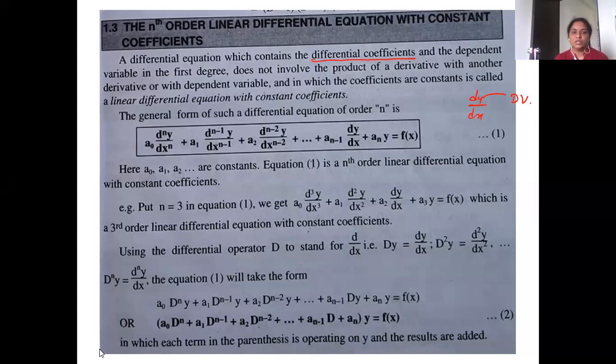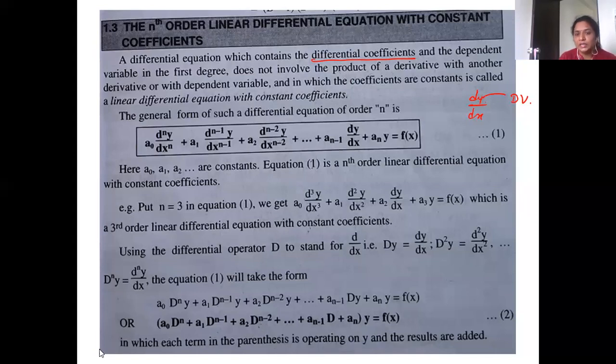A differential equation which contains derivatives, differential coefficients, and the dependent variable in the first degree, does not involve the product of a derivative with another derivative. What should be avoided?